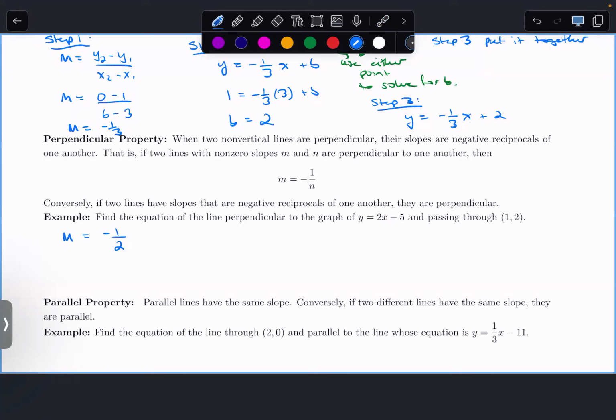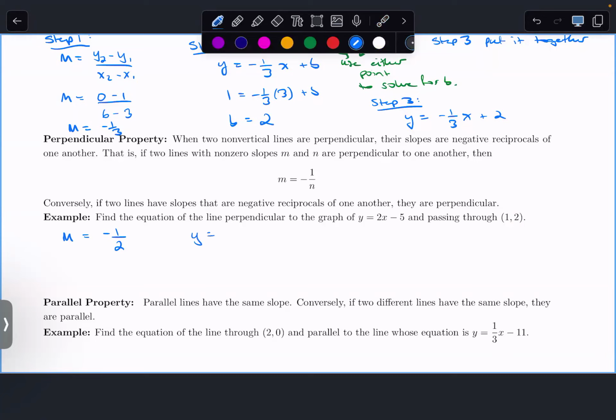Negative 1 over the original slope in order for it to be perpendicular. That's nice. Now I have the same scenario as I did earlier, right here, where I can solve for b because I have 1 point that this new line has to pass through.